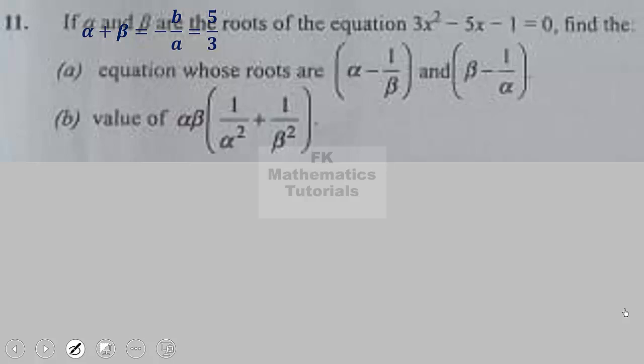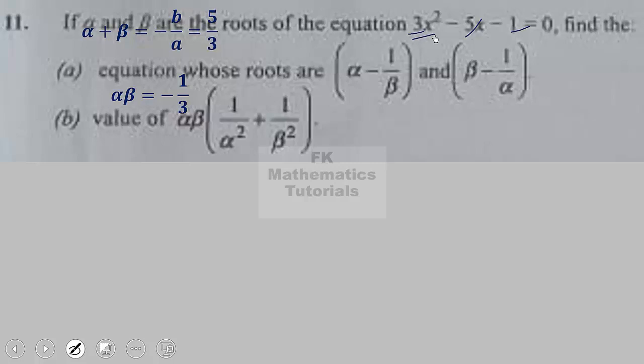So alpha plus beta is minus b over a, which is 5 over 3. Then alpha beta will be c over a, which is negative 1 over 3. So this is the c over a, this is the b over a.